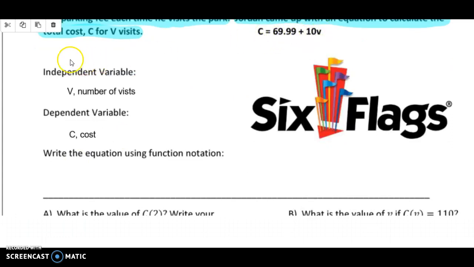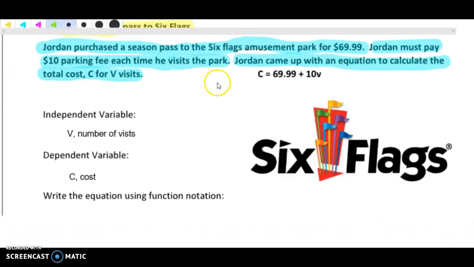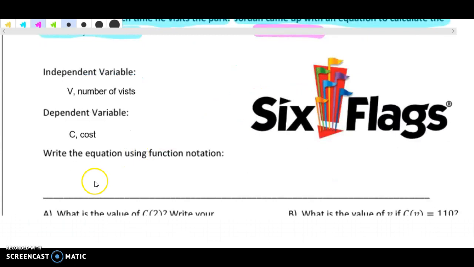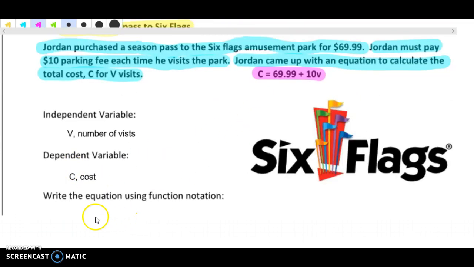So we have an equation right here. C equals $69.99 plus 10V. We're asked to write this equation using function notation. So remember, cost is a function of visits, and our input variable is going to be V, the independent variable.